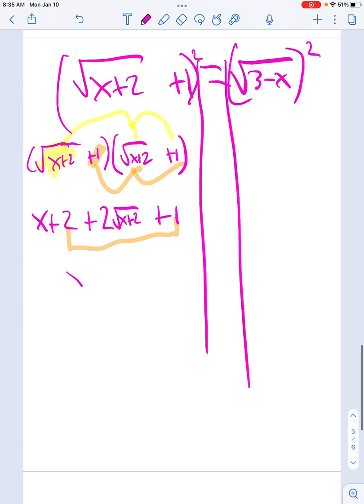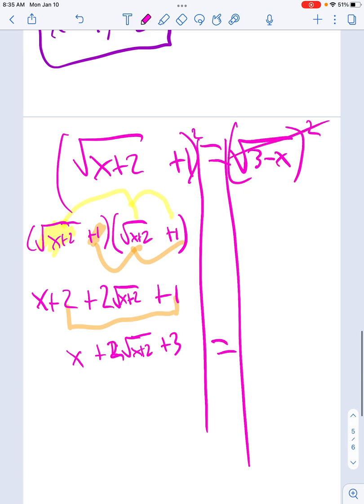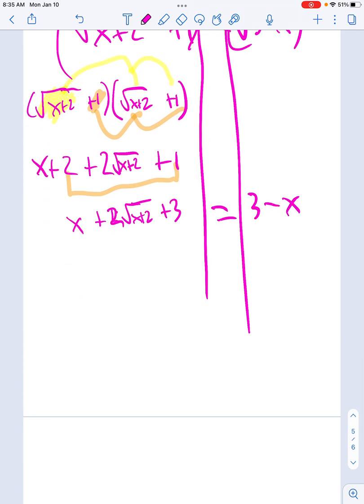So let's say x plus 4, or plus 2 square root of x plus 2 plus 3 equals, and over here it cancels out, so I'm left with 3 minus x. Again, we want to get everything on the same side.